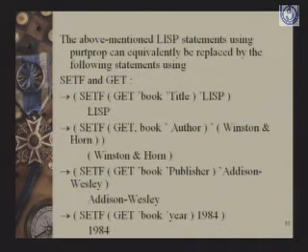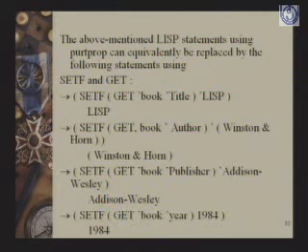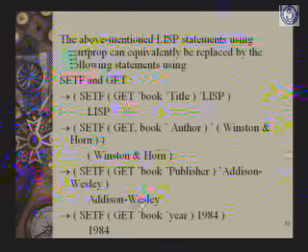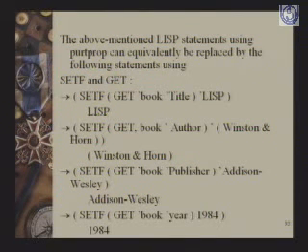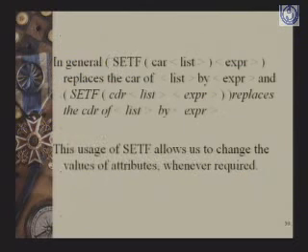Similarly, we can give the value of the attribute name publisher of the entity book as Addison Wesley by using the command setf get book publisher quoted Addison Wesley. And even while setting up the values, the value returned is the value of the second argument. So friends, this explains the role of setf and get also.